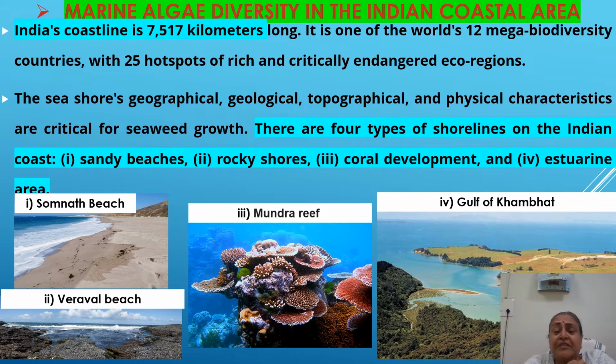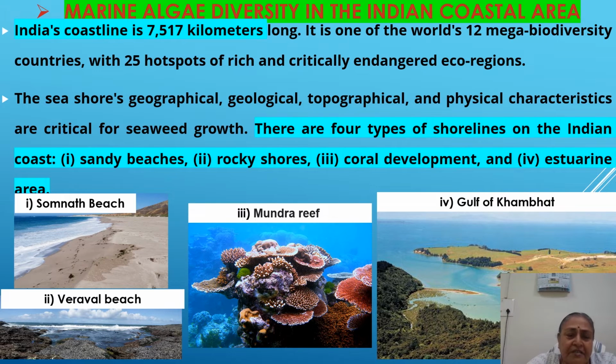Some species prefer a particular type of coastal area, whereas another species depends on another type of coastal part. So there are four types of shorelines on the Indian coast. First one is the sandy beaches, second one is the rock shore, third one is the coral development, and the fourth one is the estuarine area.